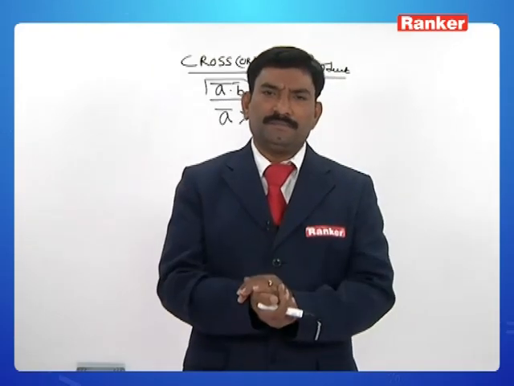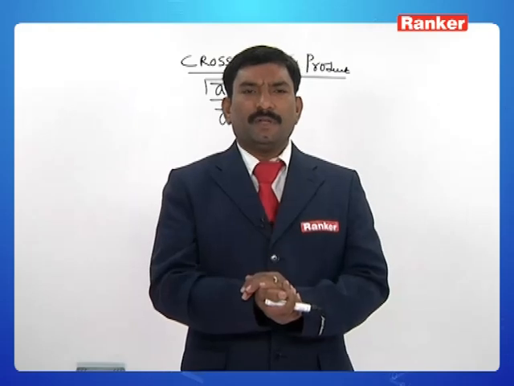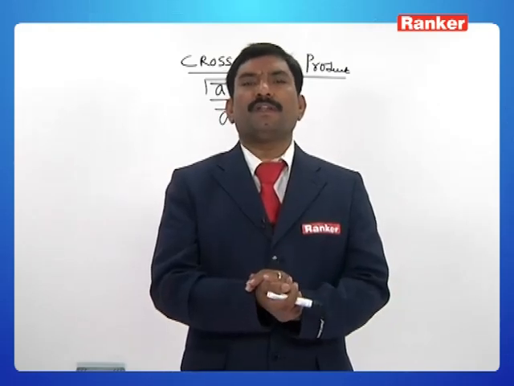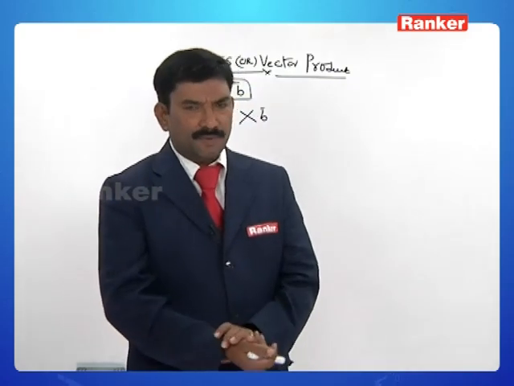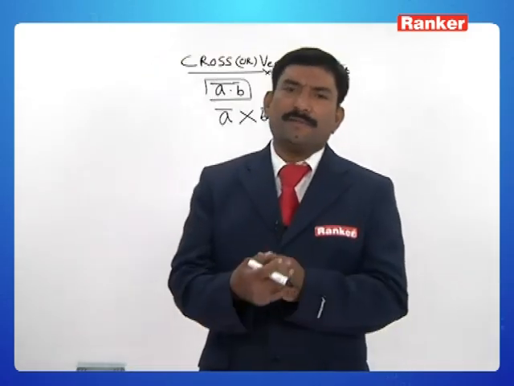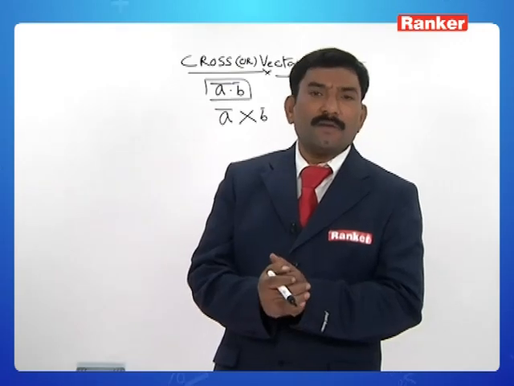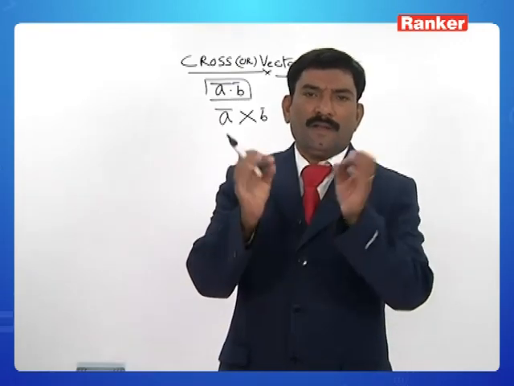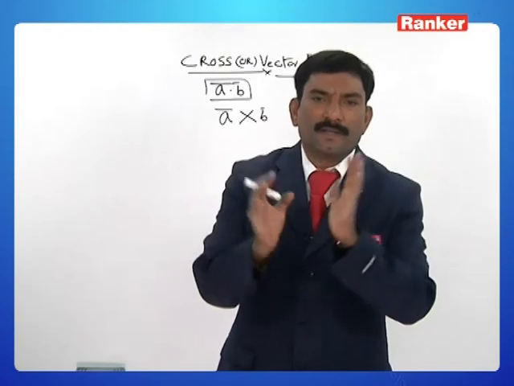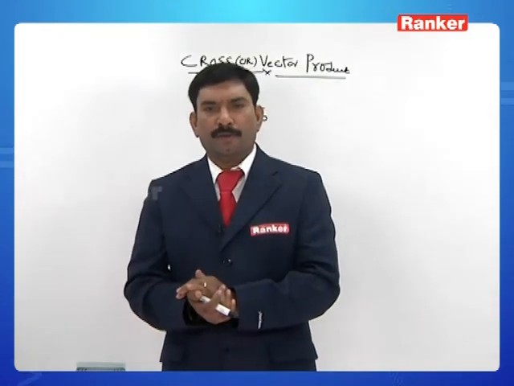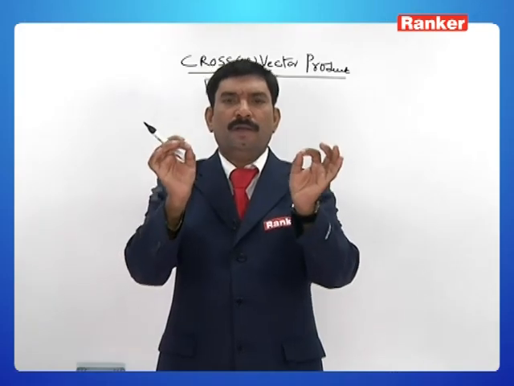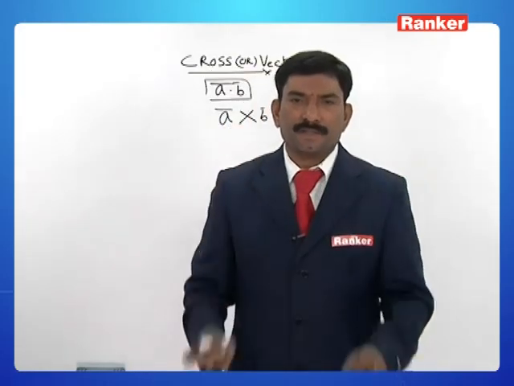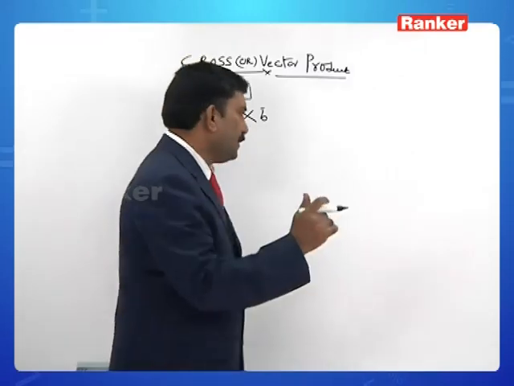So therefore, vector product is a vector quantity. Let us discuss what is the vector product. Vector product or cross product of two vectors A bar and B bar, which are non-zero and non-parallel vectors.